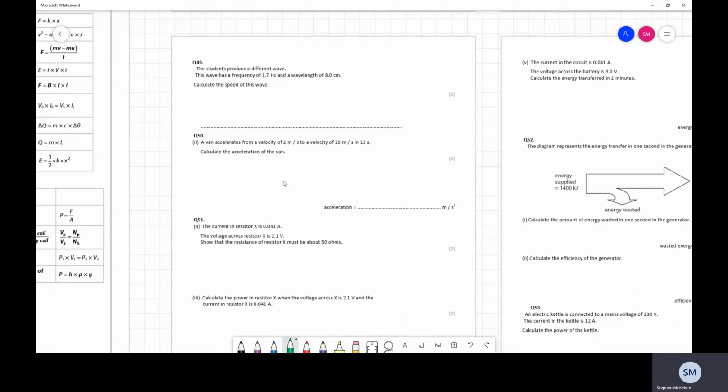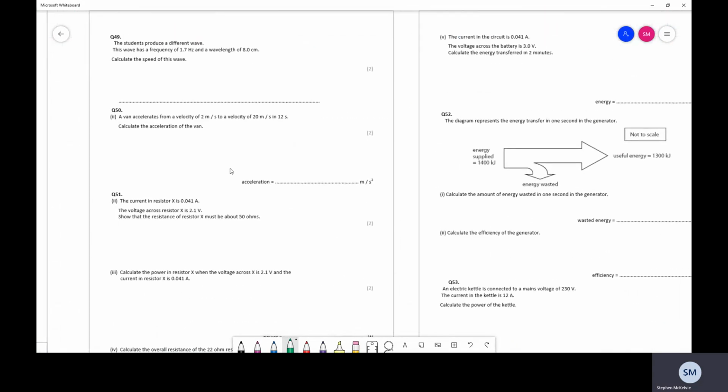The students produce a different wave. It's a different question, so don't worry if it doesn't make very much sense. It has a frequency of 1.7 hertz and a wavelength, lambda, of 8.0 centimeters. Tricky little foxes. You're not going to get us confused because we're going to divide that by 100 and we're going to get it to be 0.08 meters because we want them all to be in base units. And the velocity is, I don't know how many meters per second.